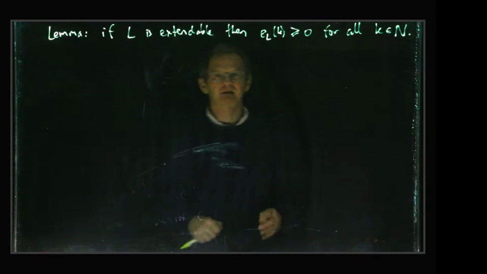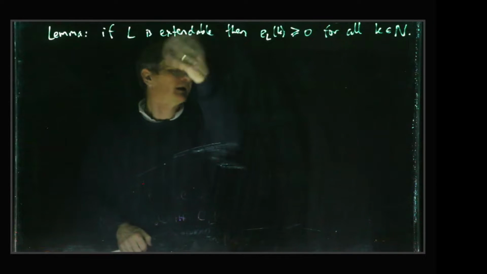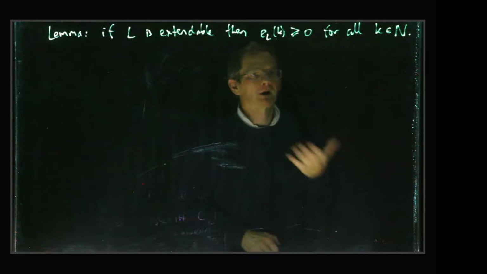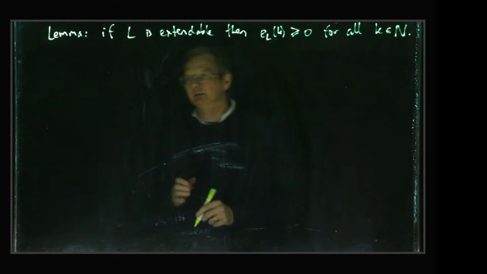Typically it's easy to prove that if the existence thing holds, then the numerical criterion holds, and the real work is to go the other way around.